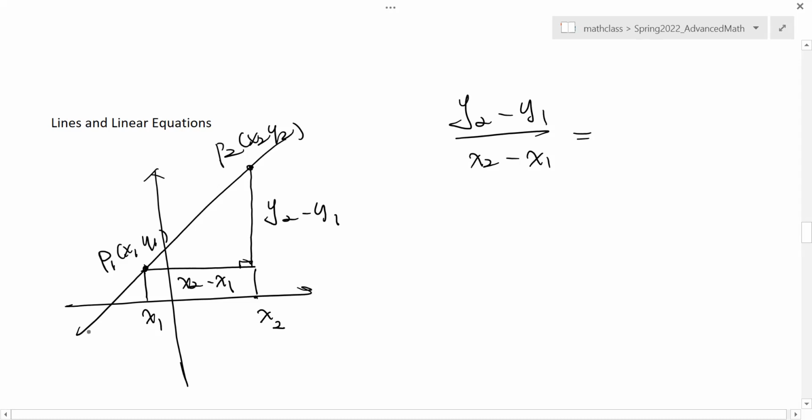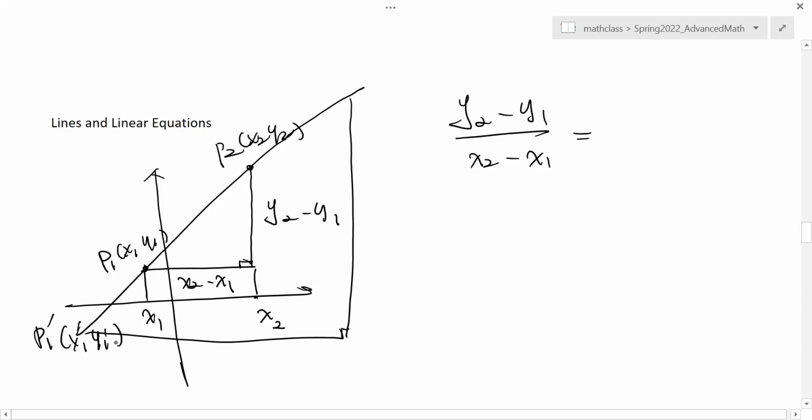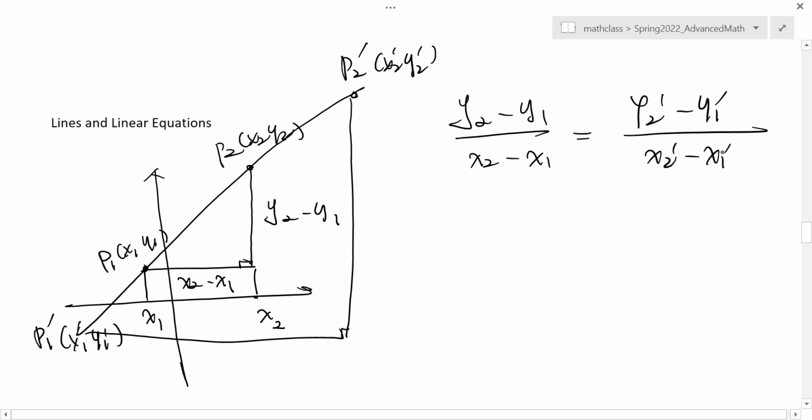So if I have another, bigger triangle, with points P1 prime, x1 prime, y1 prime, and P2 prime, x2 prime, y2 prime, then we find out those two triangles are similar. So their ratio remains unchanged. Why is this true? It is the same as x2 prime minus x1 prime over x2 minus x1.